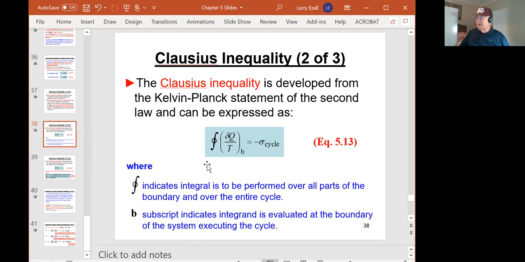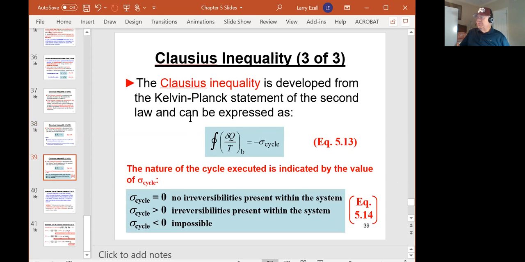What all of this is going to end up saying is that during a process within a cycle, say the heat transfer to the boiler, the work output of the turbine, the heat transfer into the condenser, the work of the pump, the entropy may increase or decrease for each one of those. But when you look at the whole cycle relative to the environment, the entropy always increases. That sort of implies that these processes are heating up the environment, and it's one way to look at it, which is true.